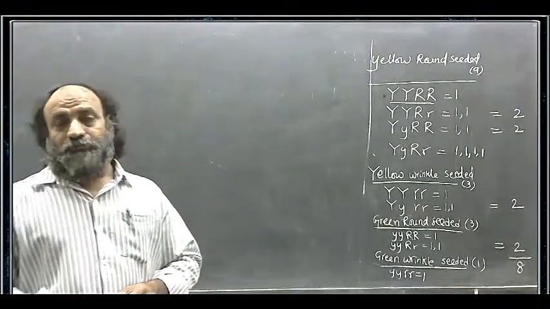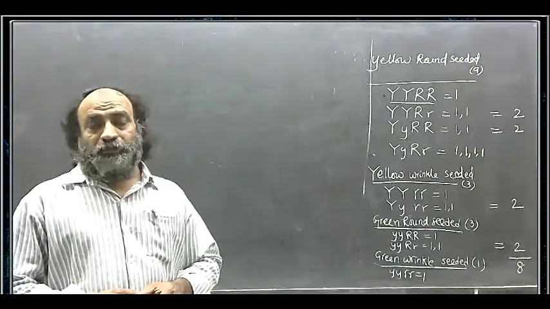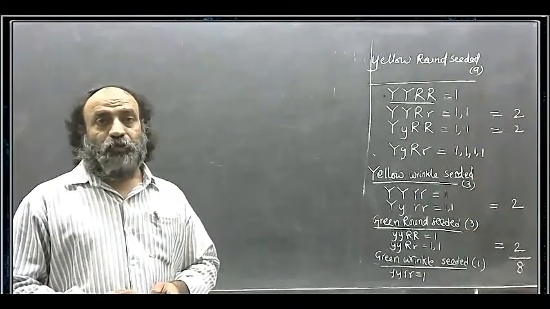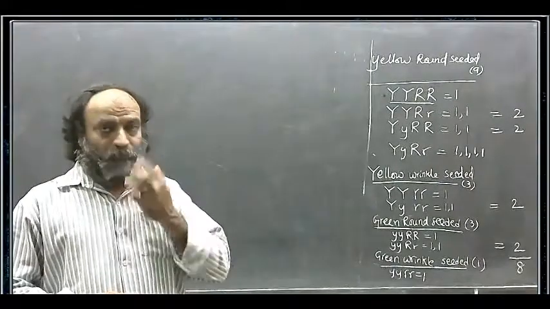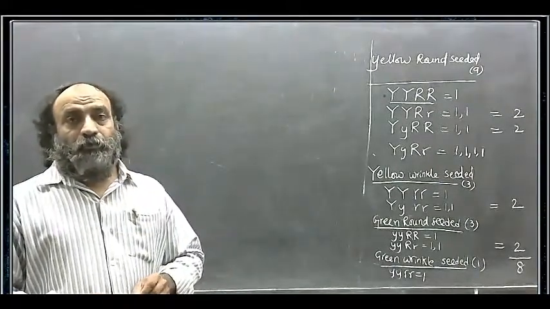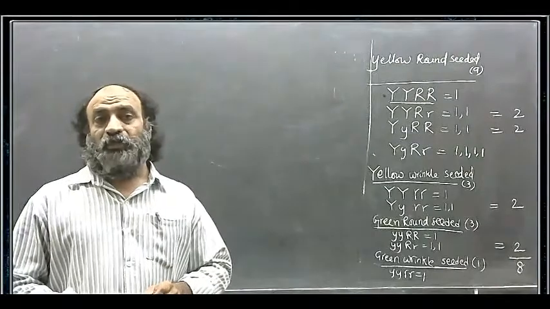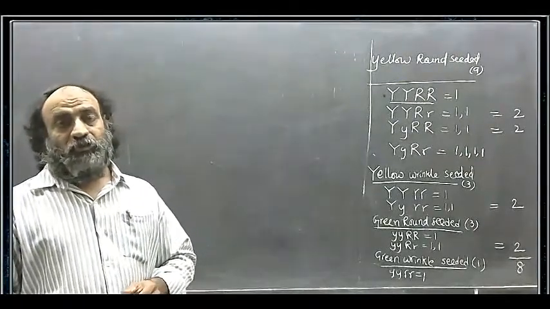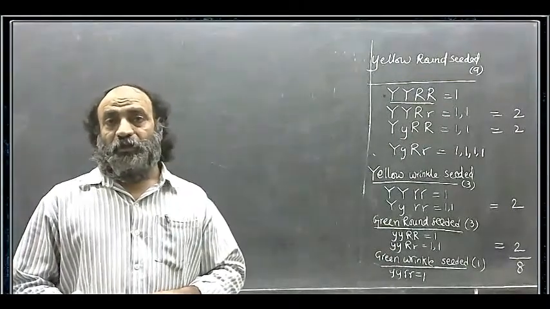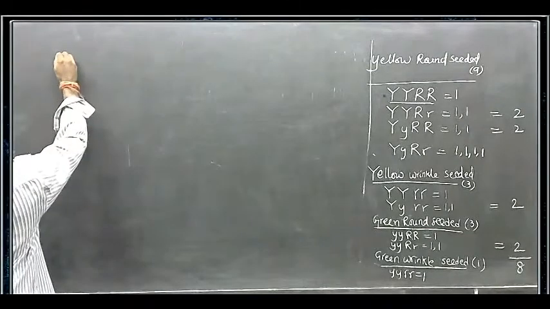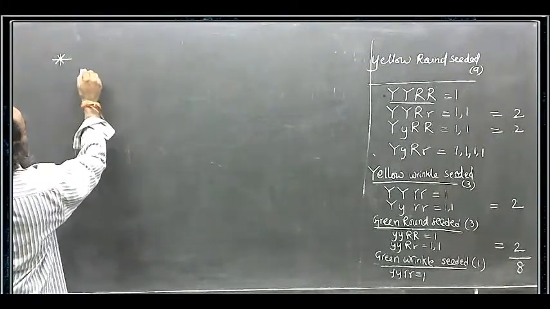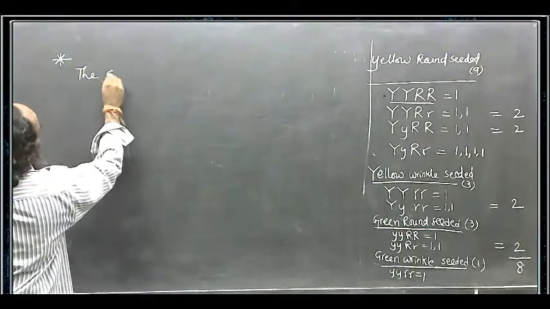Based on the Mendelian dihybrid cross and the results obtained, Mendel proposed the second law of genetics, that is the law of independent assortment. So on the basis of the dihybrid cross, Mendel proposed the second law of genetics.